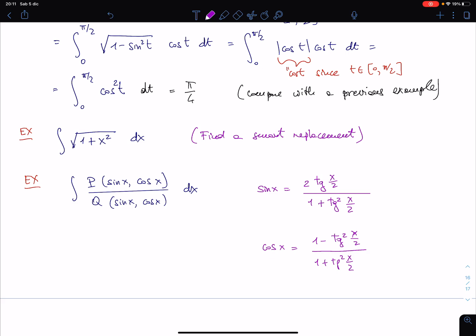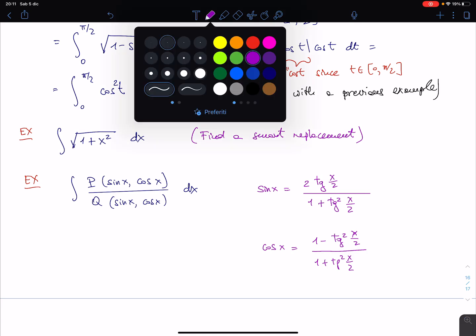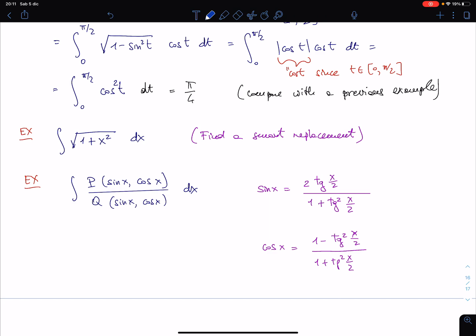You have in mind this formula. The advantage is that everything is written by introducing this tangent of x over 2. It appears everywhere, no other trigonometric function appears there, and there are no square roots. Square roots are always a bit annoying because you have to decide whether the radicand is positive or negative and so on. These are much simpler, more algorithmic, more automatic. You don't have to reason too much.